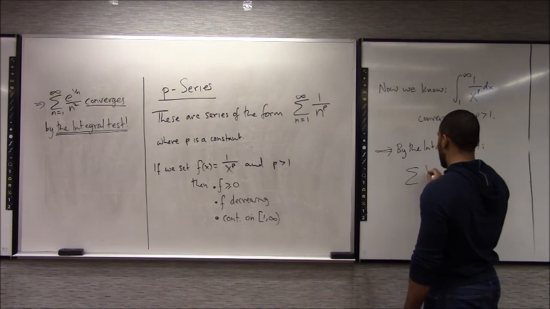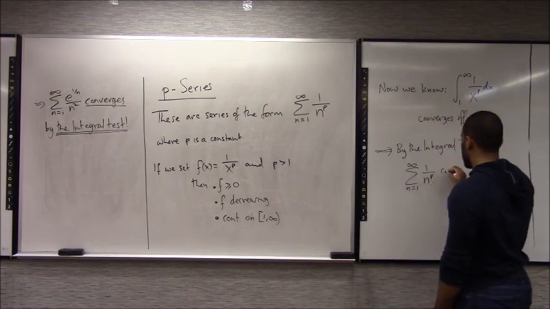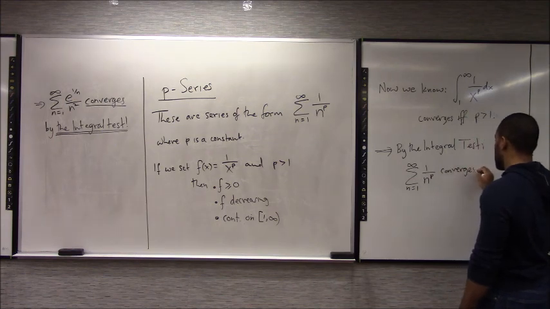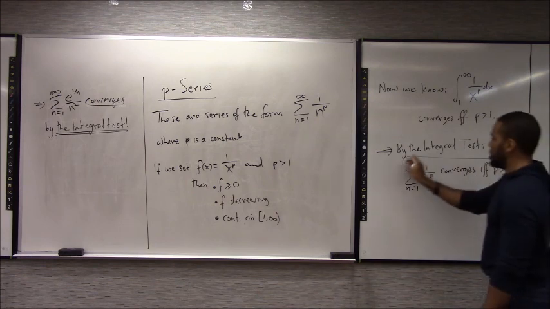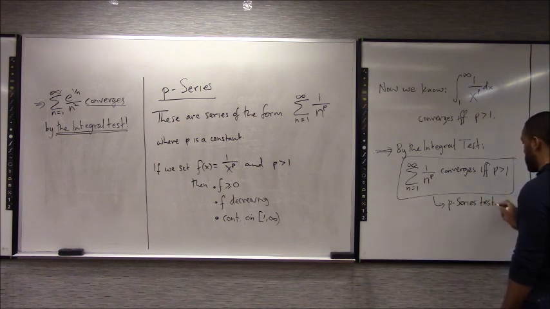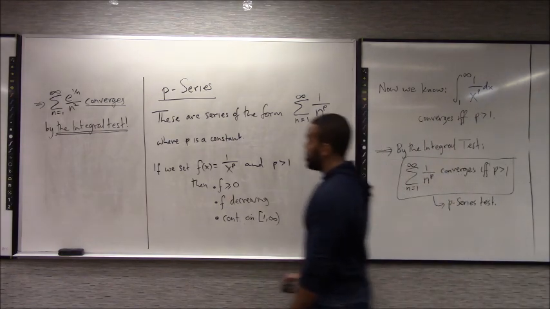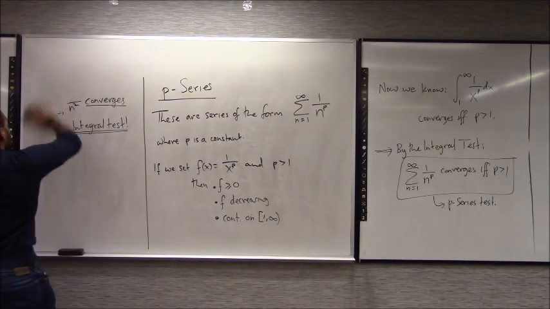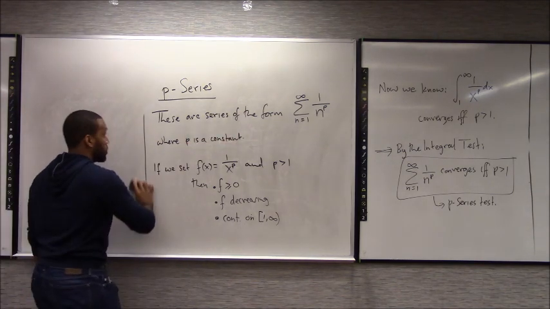The series 1 over n to the p converges if and only if p is larger than 1. And this is called the P-series test. So pretty much if you see anything that looks like 1 over n to the p, you will be able to use this test to talk about its convergence, by this theorem that we proved for improper integrals.